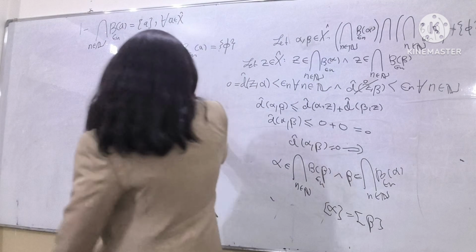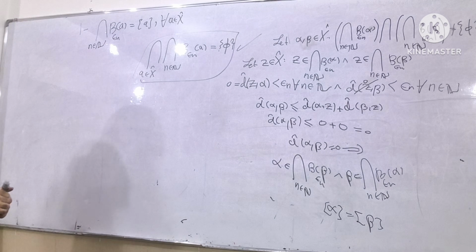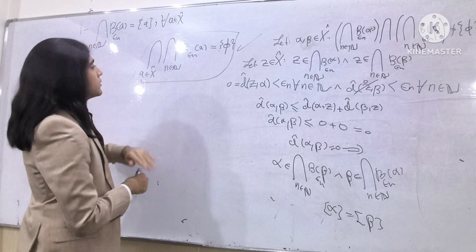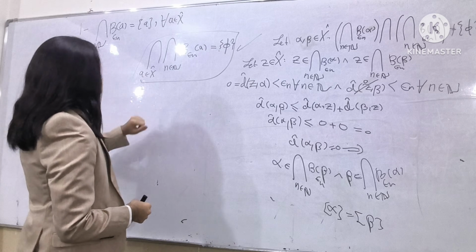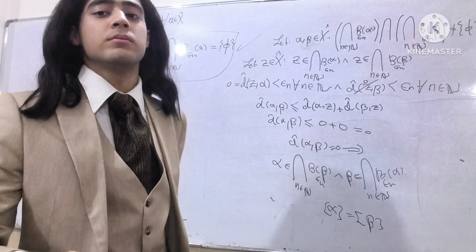So we can say that this is whole. Always it's whole. So this is the second result. I'm going to write it here.